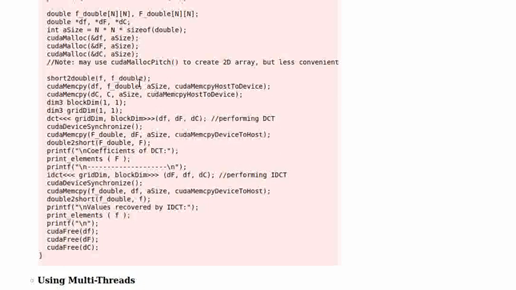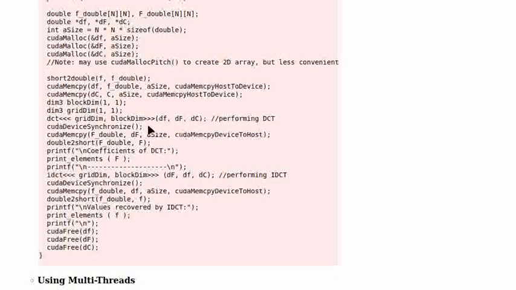And again, we transfer the data from the host memory to the device memory. And then we use just one block, one thread, so the dimension is 1, 1, and just one grid, of course. So we pass in these parameters, grid dim and block dim. Others are the same.